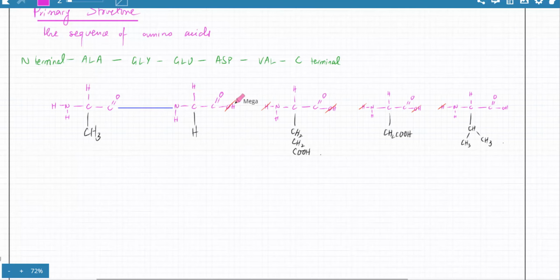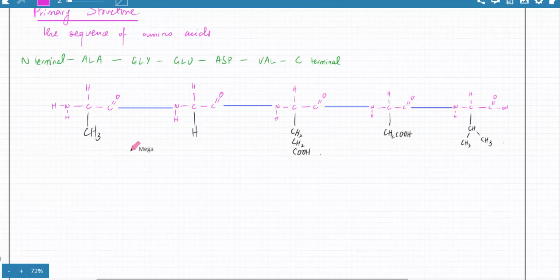The same happens over here. The OH and H would be gone, and that's your amide link that's formed. They would be slightly closer together. So you have all these amide links that are forming, and that's your polypeptide chain, and this is the sequence in which they're going to connect.